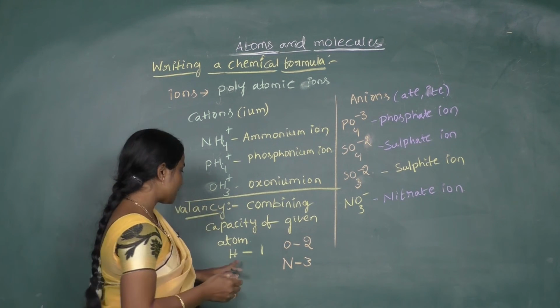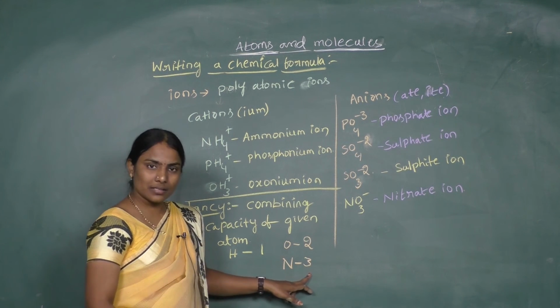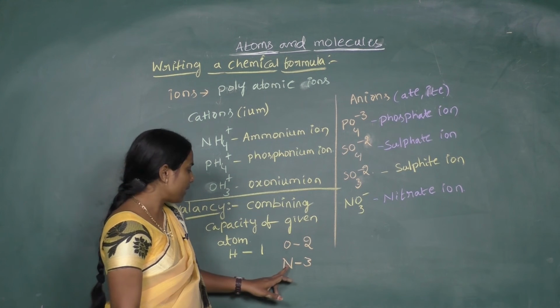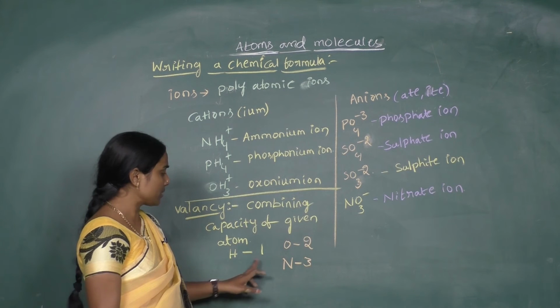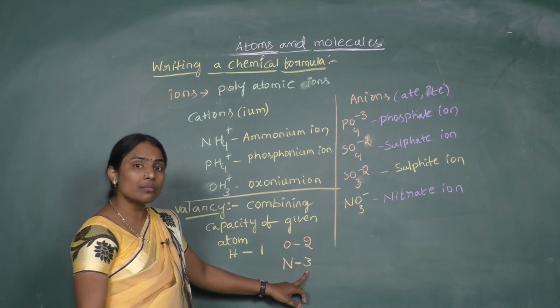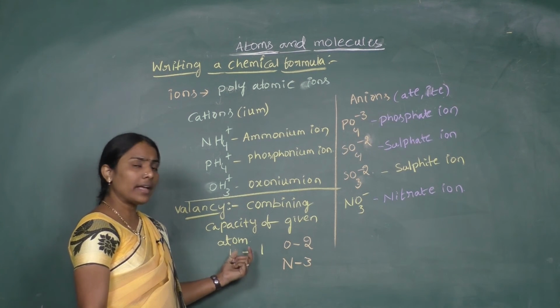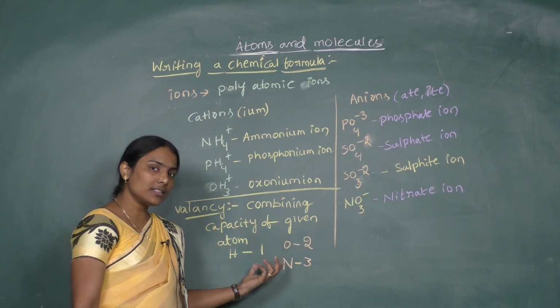In the sense, for example, hydrogen valency is 1 and nitrogen valency is 3. Then how many nitrogens can combine with 1 atom of hydrogen? You cannot say this, because the valency of nitrogen is more than the valency of hydrogen. Asking how many hydrogens can combine with 1 atom of nitrogen is a good question.